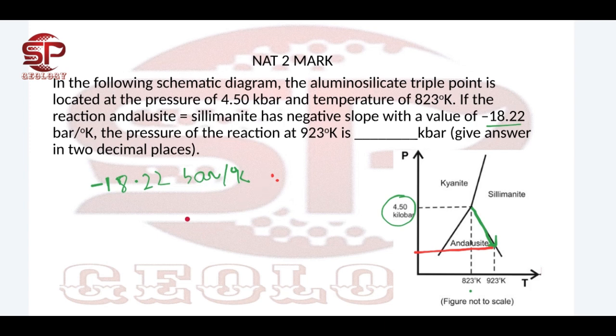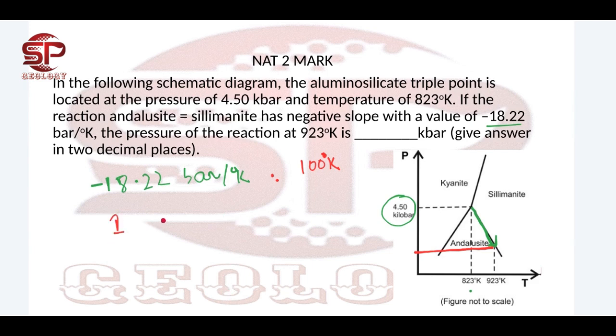So this indicates that for each 1 Kelvin change in temperature, the pressure decreases by 18.22 bar. Here the temperature changes by 100 Kelvin, from 823 to 923.